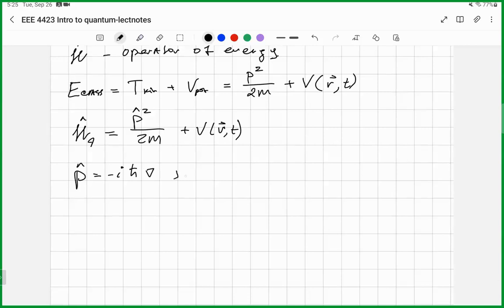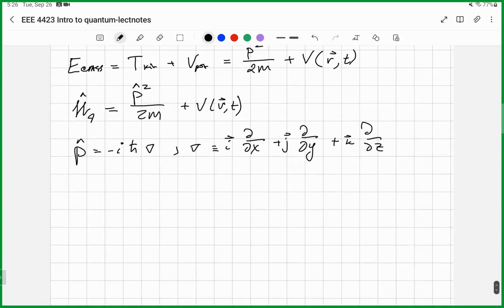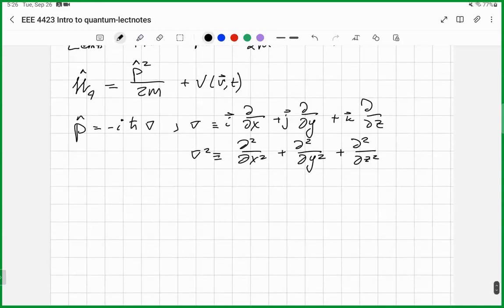I remind you that nabla is i d over dx plus j d over dy plus k d over dz, and nabla squared is d2 over dx squared plus d2 over dy squared plus d2 over dz squared.